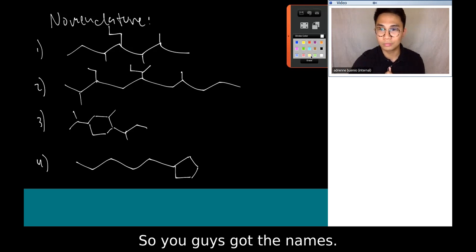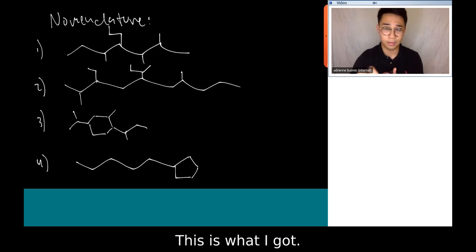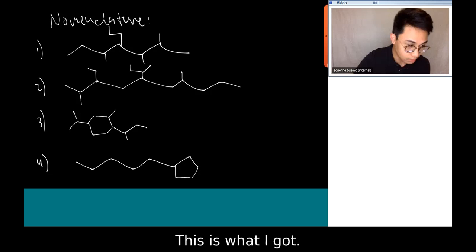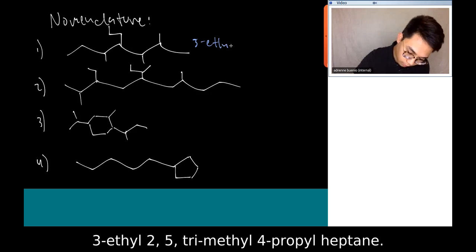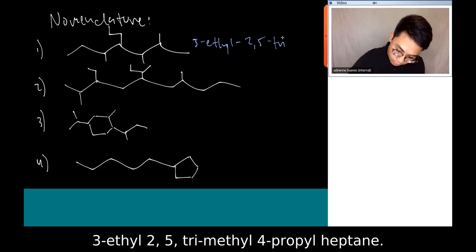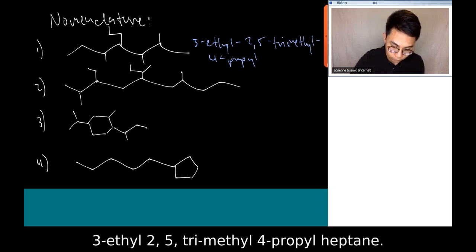Okay, so you guys got the names. This is what I got. So let's see. 3 methyl, 2,5 trimethyl, 4 propyl, heptane.